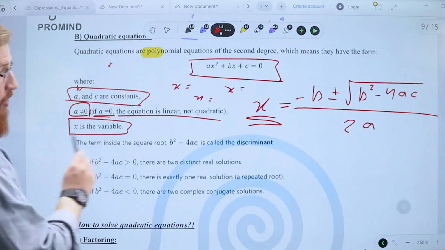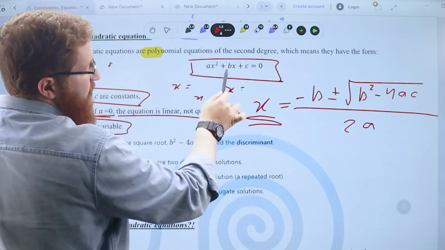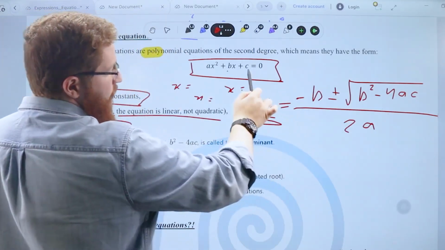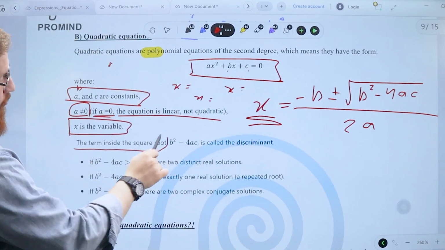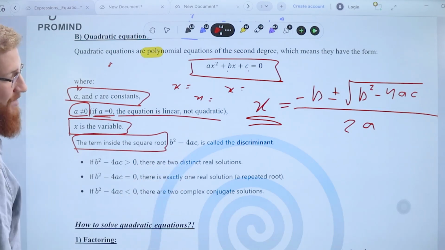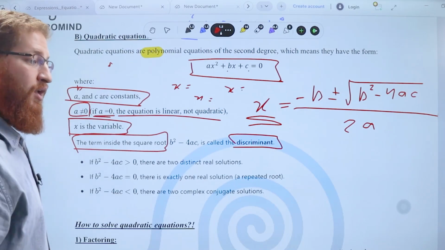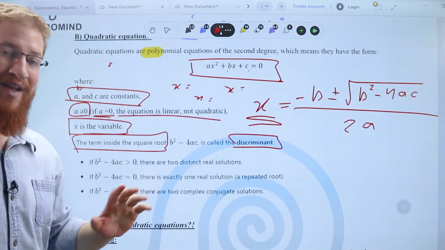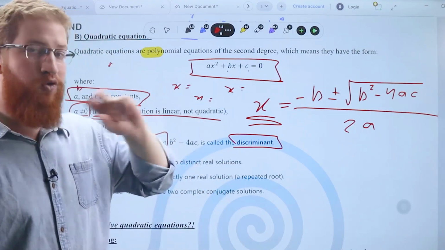So if I substitute b, a, and c with the values of the constants, what is under the square root, b squared minus 4ac, is called the discriminant. This discriminant tells me how many solutions this quadratic equation has. If the discriminant is positive, I have two solutions.